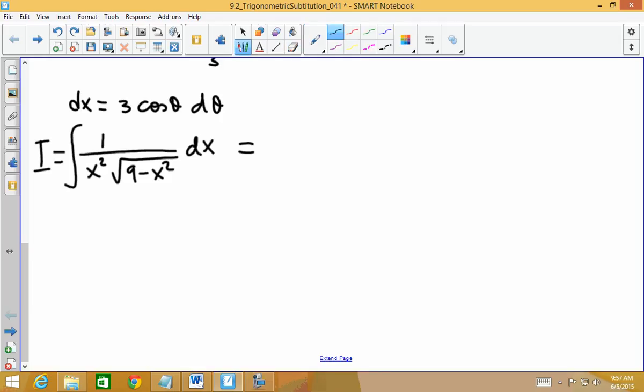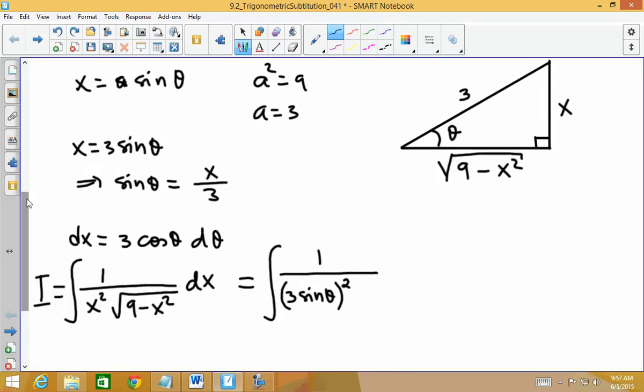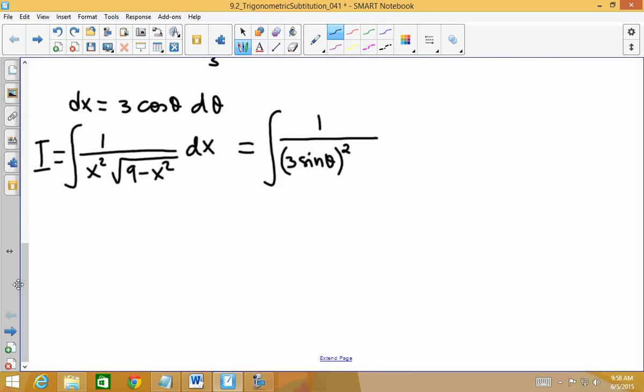Replacing things with what they are, x is equal to 3 sine theta, so we square this, and the square root of 9 minus 3 sine theta squared, and dx is 3 cosine theta d theta.